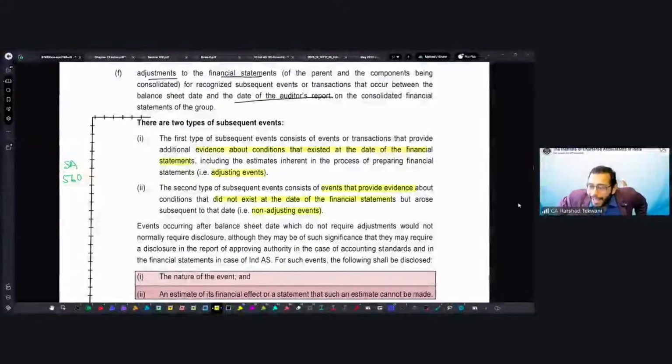And I need to apply SA 560. That means I need to understand, was there any evidence available from the perspective of understanding the significance of the event and the impact of the event on your consolidated financial statement also.